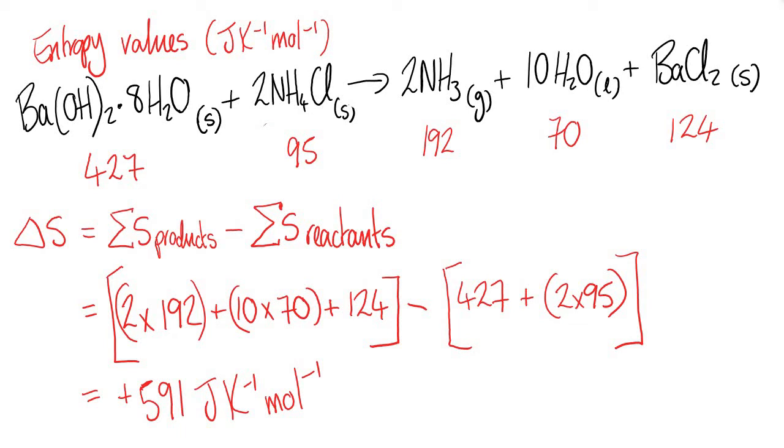Make sure you use your brackets properly, because then you've got to take away the 427 from the barium hydroxide, which has got 8 waters of crystallization in 1 mole. But it's just 1 mole of it, look, so it's just 427, and then 2 times 95 because we've got 2 moles of ammonium chloride. And if you do that correctly, you should get a value for the entropy for this reaction of plus 591.